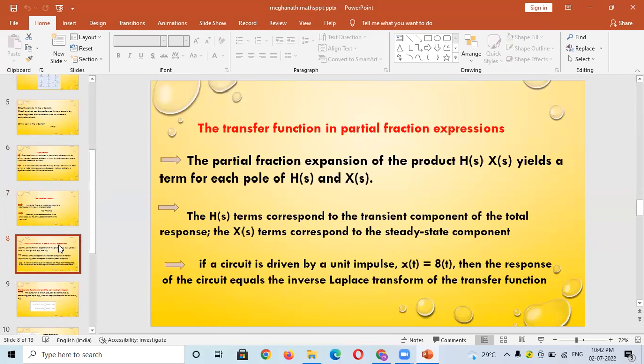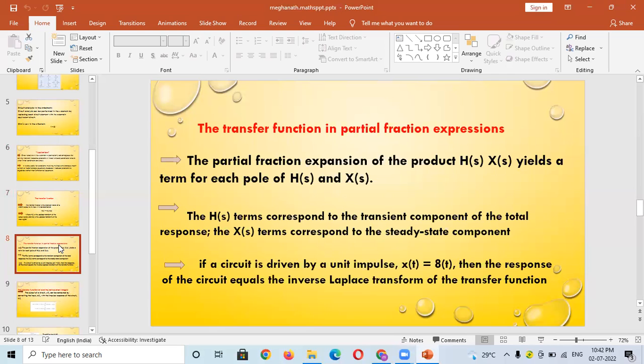This slide shows the transfer function in partial fraction expansions. The partial fraction expansion of the product H(s) X(s) yields a term for each pole of H(s) and X(s). The H(s) terms correspond to the transient component of the total response.